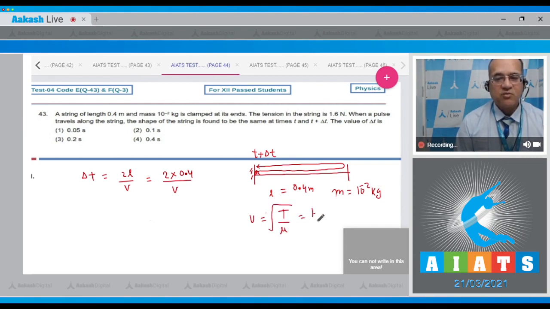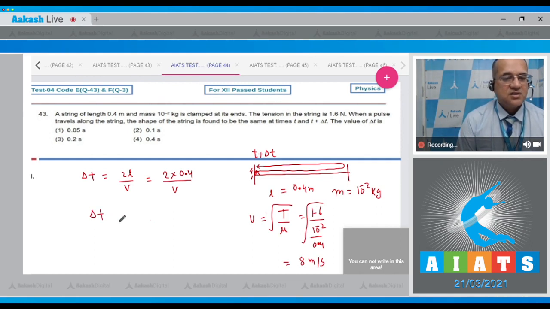The tension is given as 1.6, the mass is 10 to the power minus 2 and the length is 0.4. When you fill this in, it comes to be 8 meter per second. And then delta t is 0.8 divided by the wave speed, so it comes to be 0.1 second. So the correct option is option number 2.